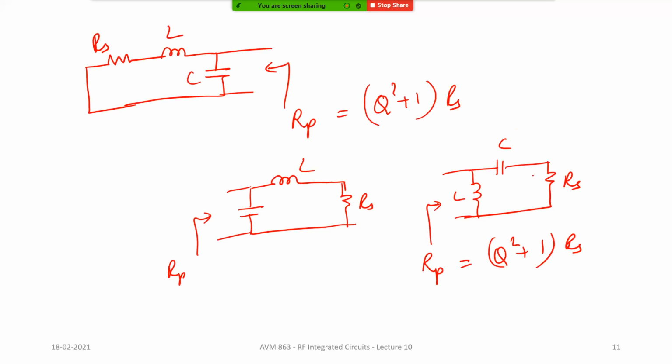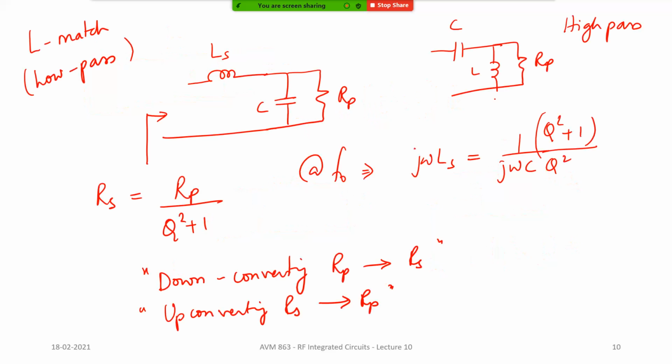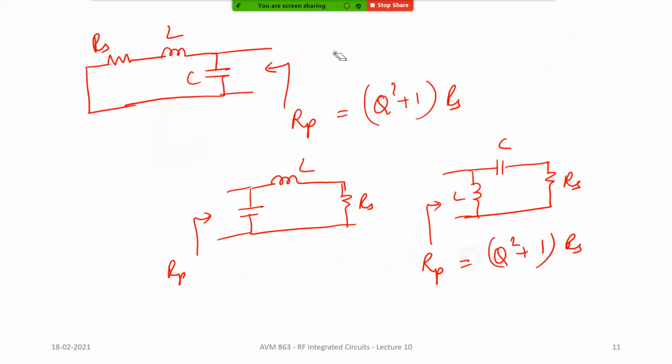Now the overall Q of the network. If you take this particular case, the Q of this RC or the Q of this RL. Let me take a new slide. Now, what is the Q of this whole network?